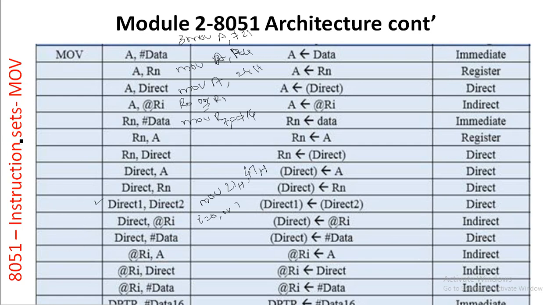These are instructions we used already many times, and I have mentioned the addressing mode corresponding to each here. You can go through the slides or the video and try to understand why the addressing modes are as mentioned here, and if you have doubt, revert back to me.